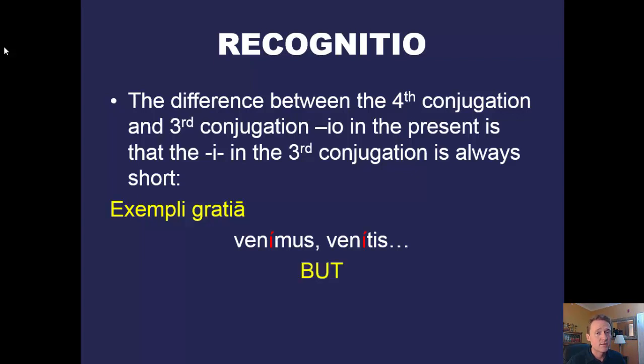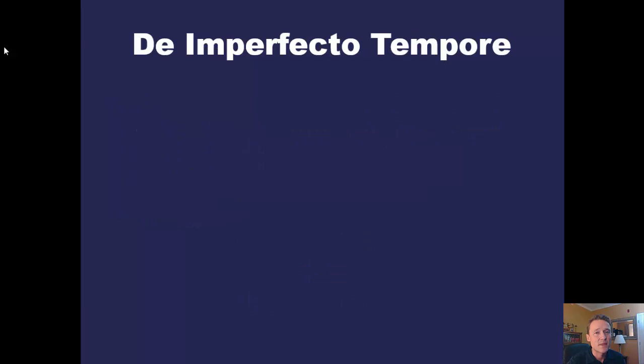But when we look at a verb in the third conjugation -io, we see fugimus, fugitis. Notice that the I is not long in the forms of fugio, so you have fugimus, fugitis, as opposed to venimus, venitis. Let's move on.